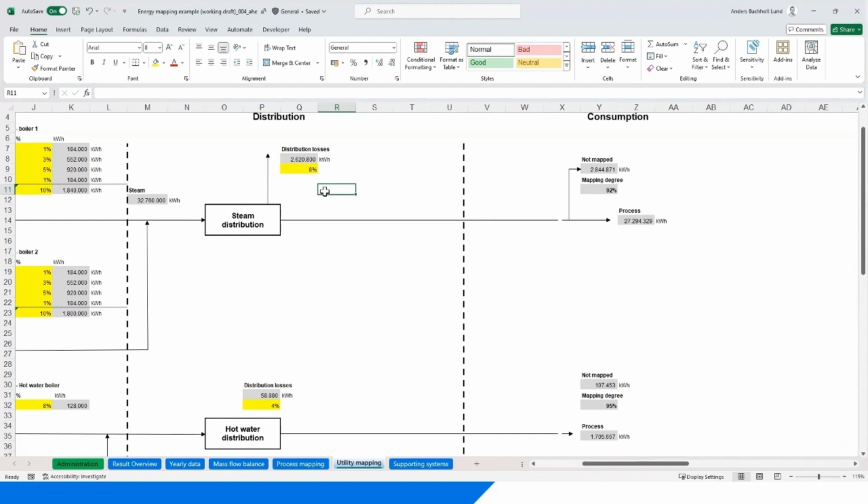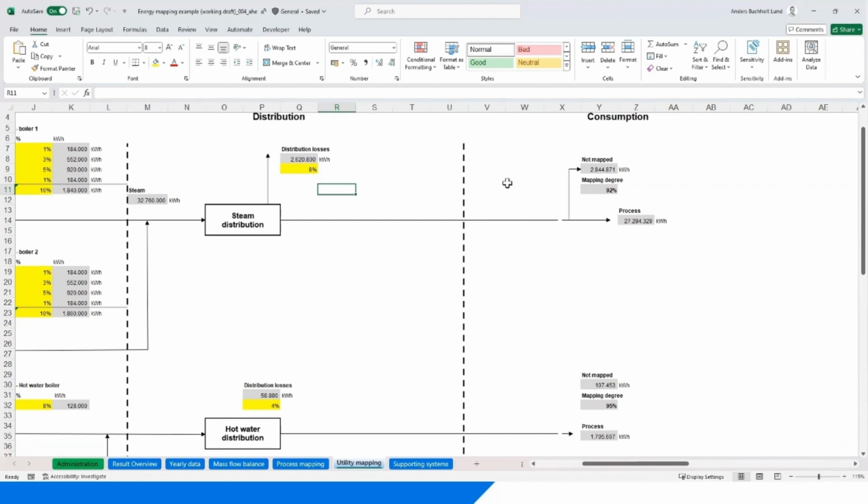Anyway, here we said a certain percent is lost. Here it will account for 2 point something million kilowatt hours. This is subtracted from the 30 million kilowatt hours, ending up around 30 million kilowatt hours that is being fed into the process as an energy consumption, supporting the energy service that we have been mapping in the process mapping.